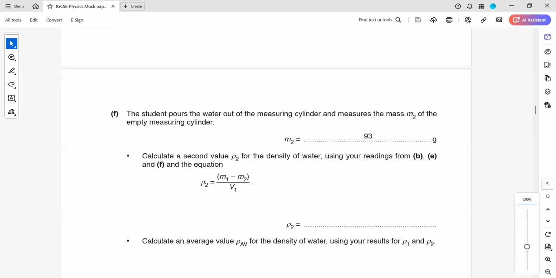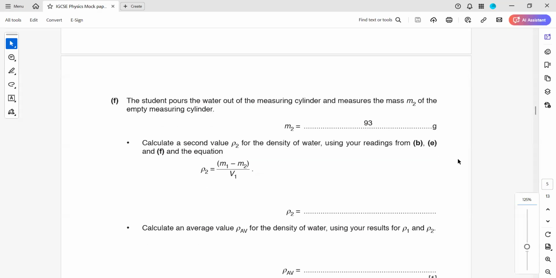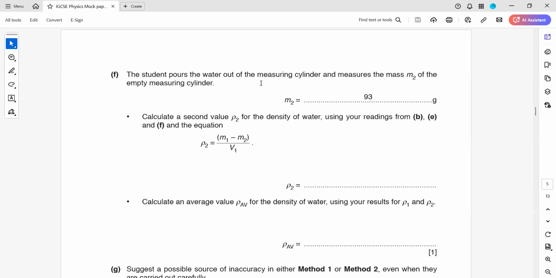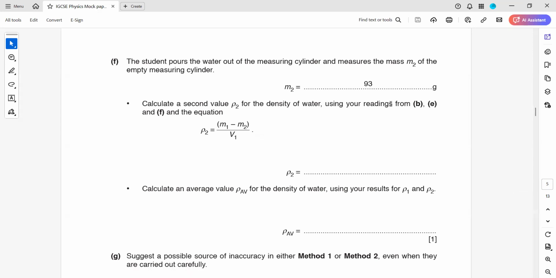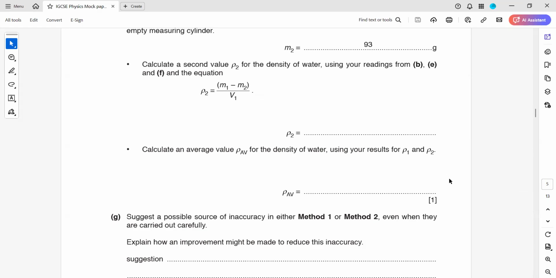The student poured the water out of the measuring cylinder and measured the mass M2 of the empty measuring cylinder, which is 93 grams. Now calculate the second value of the density using B, E, and F. So what was M1? It was 241. M2 is 93, and the volume V1, I guess, was 155.